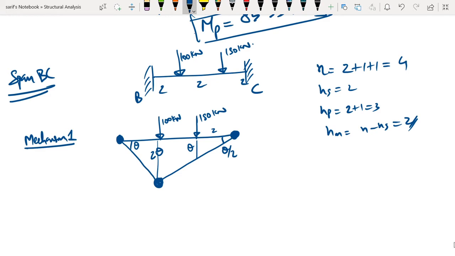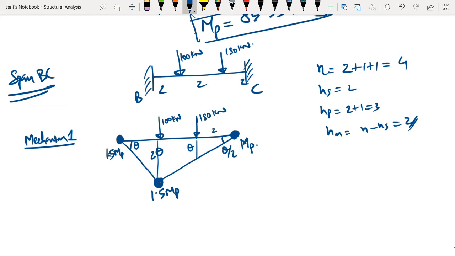This point is the intersection of two sections, one having 2 MP capacity and one having 1.5 MP capacity. So we have to choose the lower capacity, 1.5 MP. Here also it is 1.5 MP, and point C is the intersection of two sections, one having capacity 1.5 MP and another having capacity MP. So we choose the lower value, that is MP.